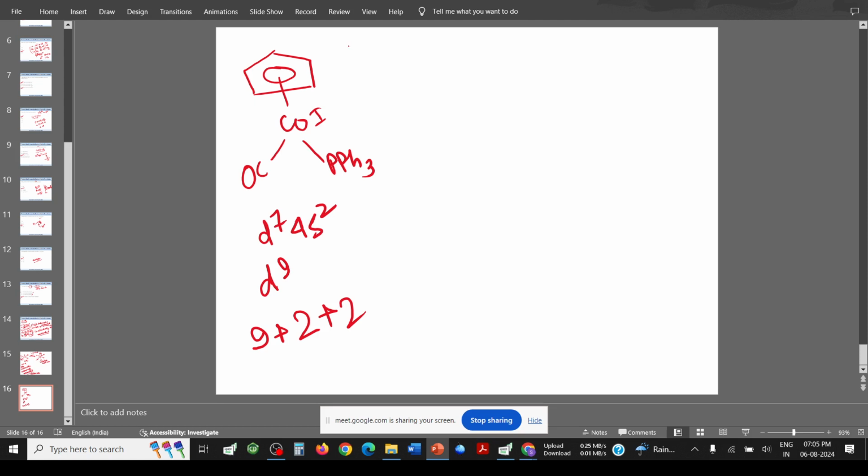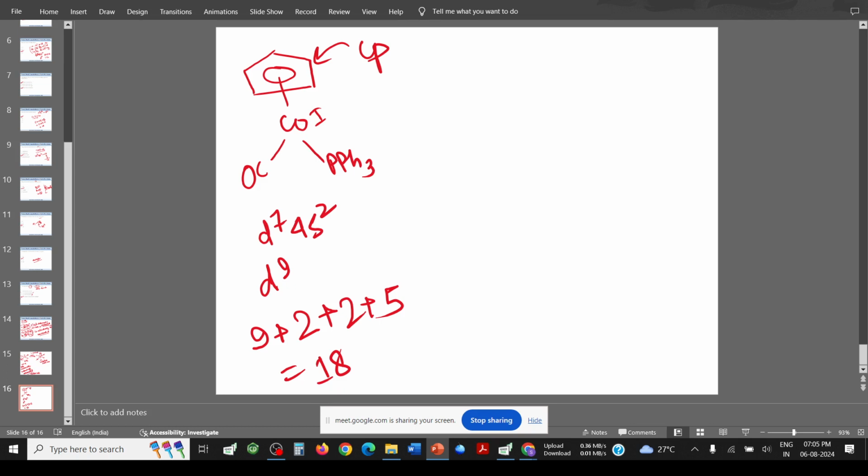And what will be the contribution for this Cp? 5 electrons. Total number of electrons is 18. So these complexes have 18 valence electrons. That means it is electronically saturated.